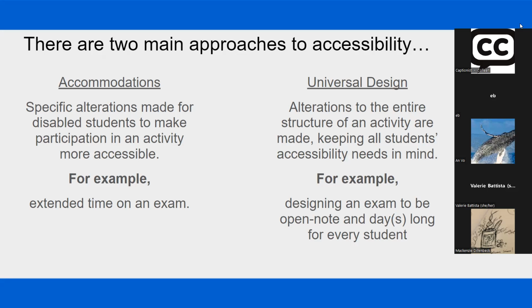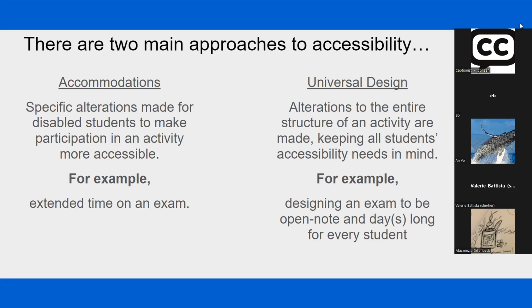So if you have a student who might have a cognitive or psychological disability or some other disability where they cannot focus for long periods of time, they get easily distracted, or there's a range of other reasons why you might want to give a student extended time, but you give a specific student who may need those accommodations extended time on an exam. The rest of the students who do not need accommodations will not be given extra time.